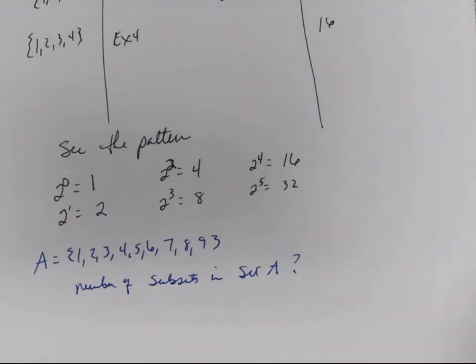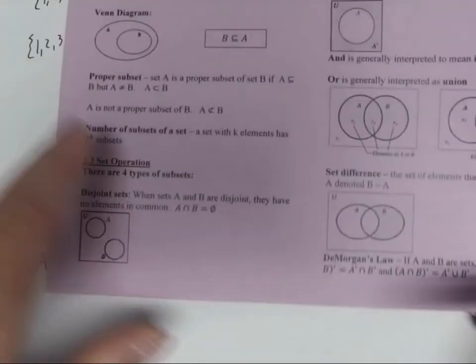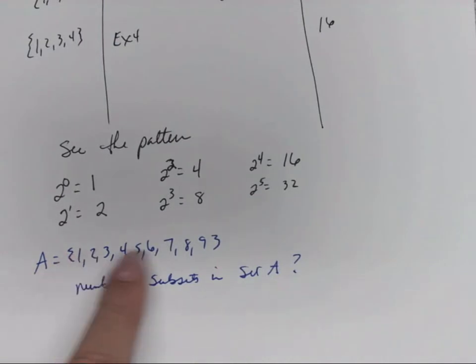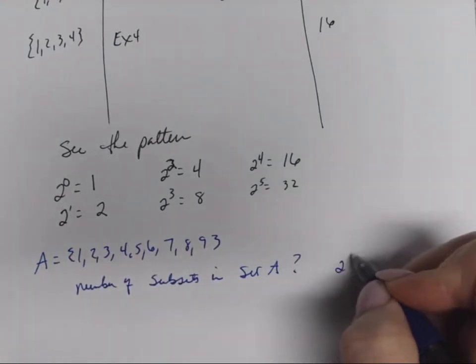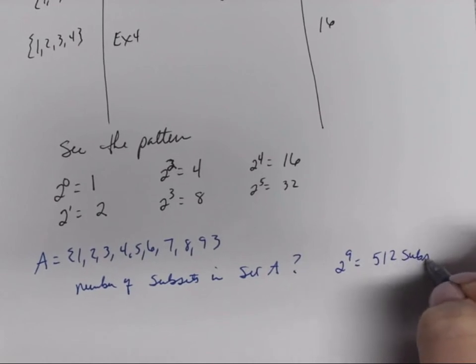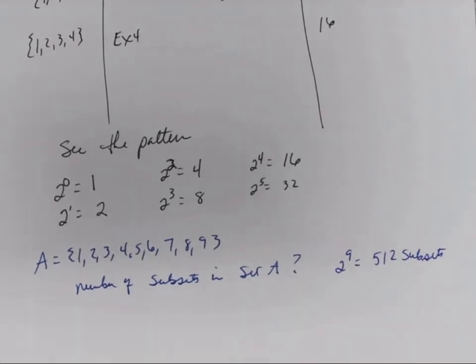This is what your handout talked about. The number of subsets of a set with k elements is 2 to the k. So if I have 9 elements, 2 to the 9th will get me 512 subsets. And that will work for however many elements you have.